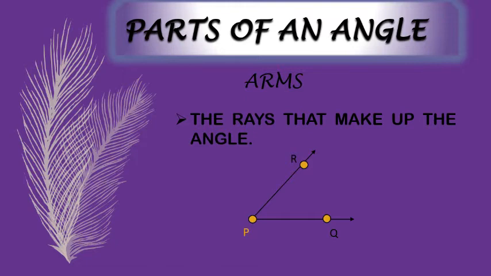So what about PQ and PR? These rays are basically called the arms of an angle. PQ and PR are the arms of an angle. And what about P? P is the vertex of an angle. Okay, let's move to the next slide.